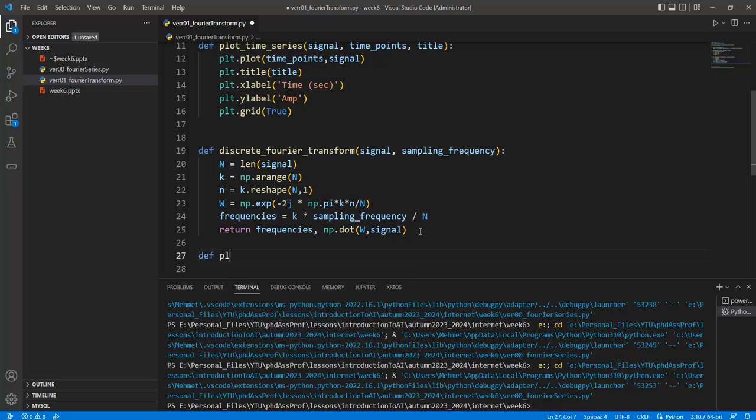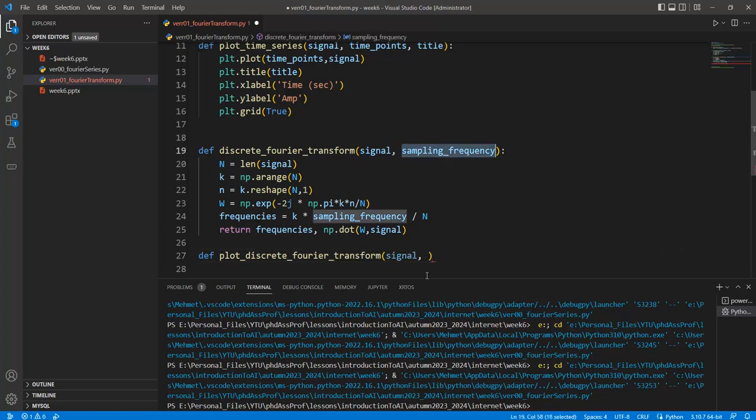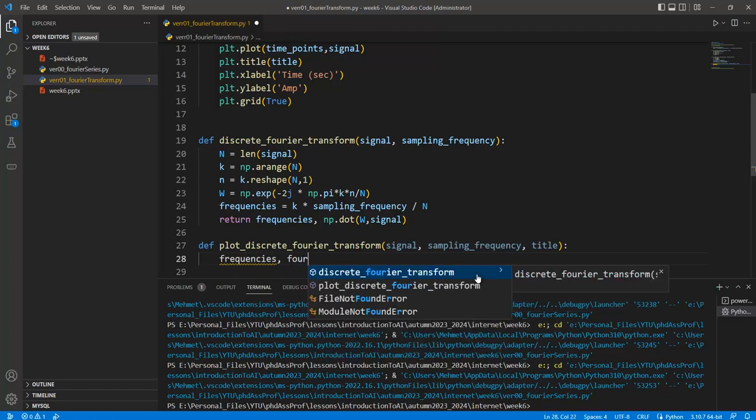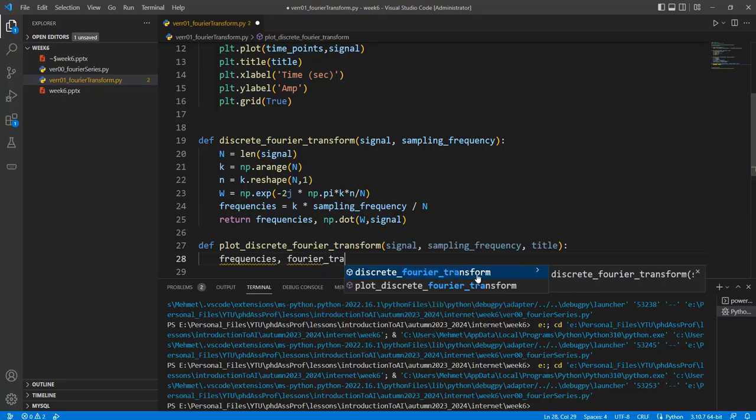So def plot discrete Fourier transform in here with the signal and sampling frequency and the title. Okay, and so frequency and Fourier transform are equal to what?